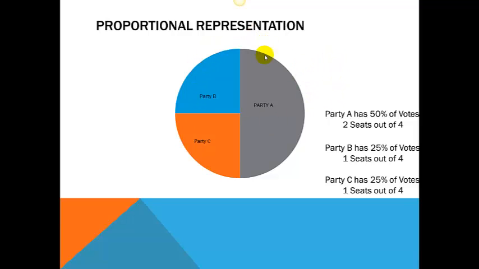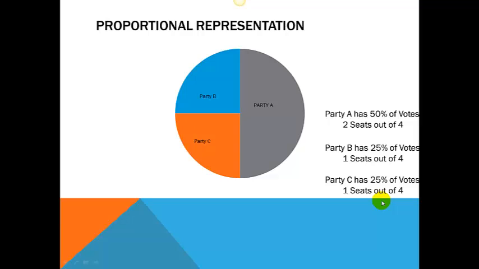Because Party A received 50% of the popular vote, they received 2 seats out of the 4 that are available. Party B received 25% of the vote and therefore gets 1 seat out of the 4. And Party C received 25% of the vote and also gets 1 seat out of the 4.